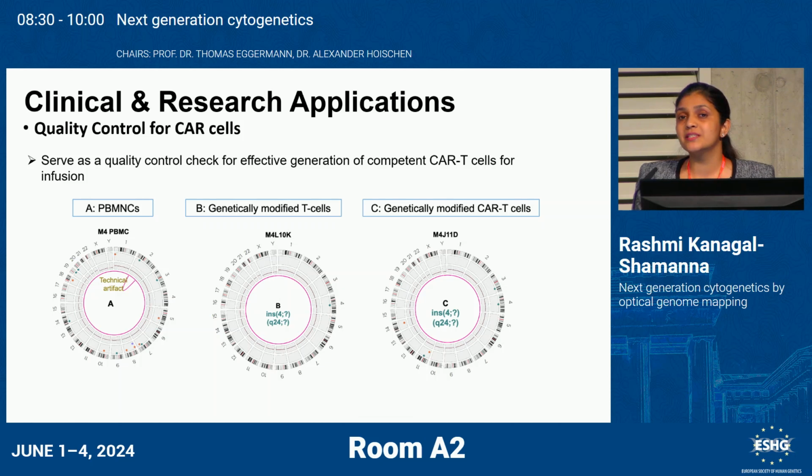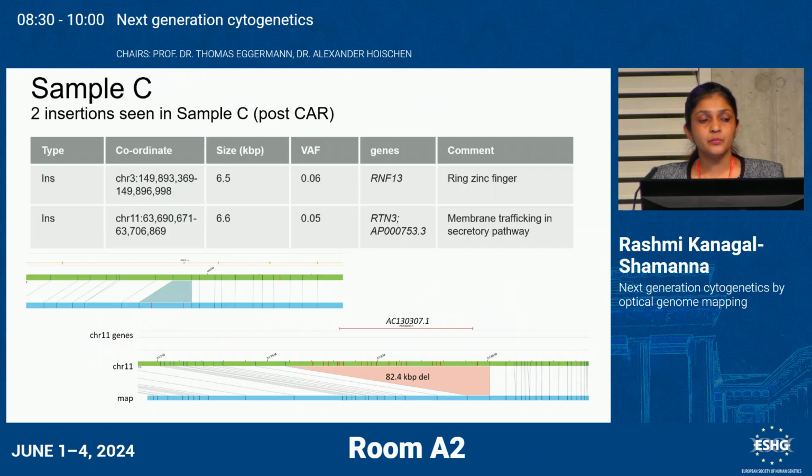This is a proof of principle where we actually performed OGM on the peripheral blood cells as well as on the cells after the first introduction of lentivirus, and on the same cells after introduction of the second lentivirus with the CAR insertion. The first thing we found, of course, we were able to confirm the about 6.5 kilobase pair insertion of the CAR motifs into the cells, so that confirmed that it indeed worked.